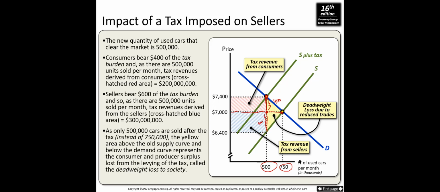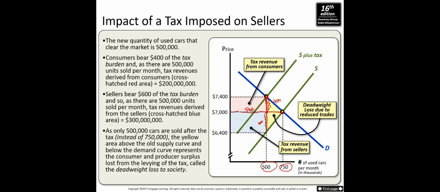Now let's calculate how much tax in total buyers are paying. 400 is the tax they pay for one car, but there are 500K cars sold. So 400 times 500K, 200 million, the red hatched area, is the tax that buyers are paying to the government.